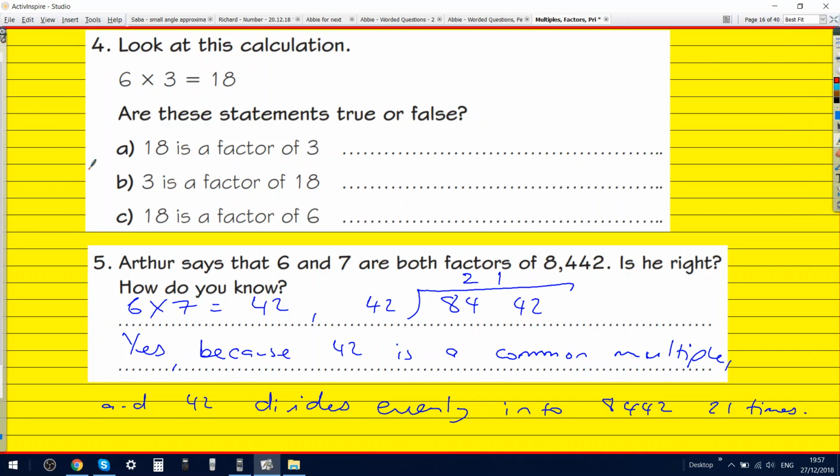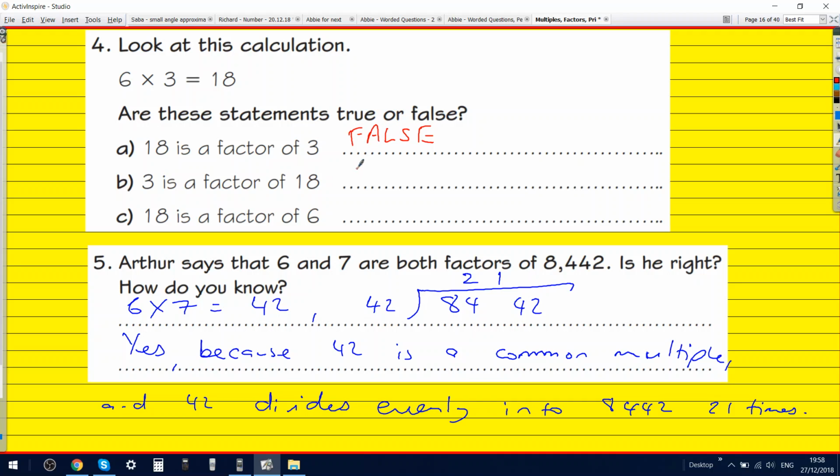Okay, so question 4. Let's try this. Are these statements true or false? 18 is a factor of 3. I think true. False. 18 is a multiple of 3. Oh yeah. So for B, 3 is a factor of 18.